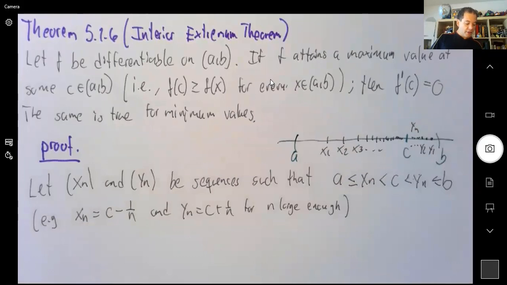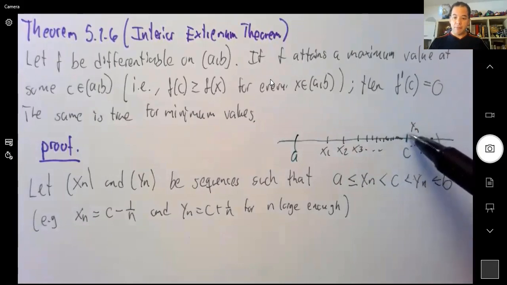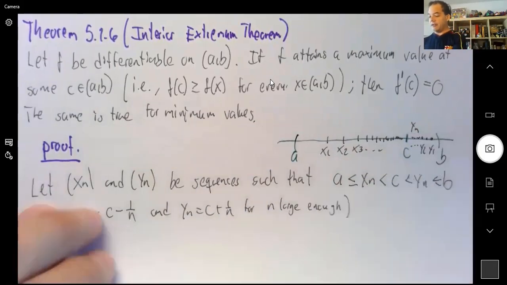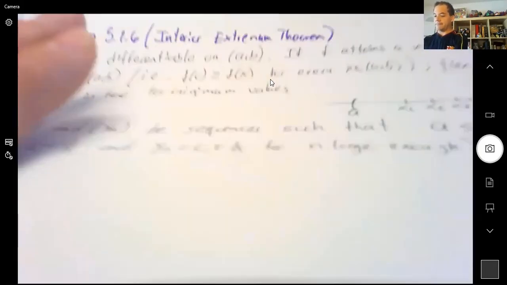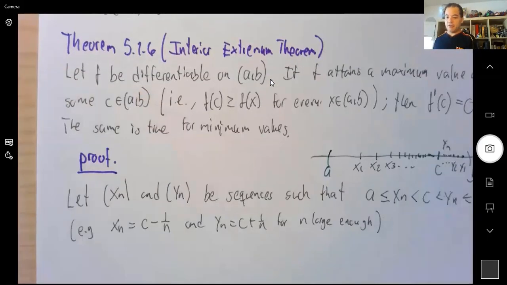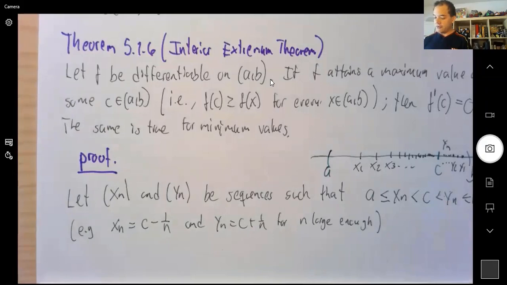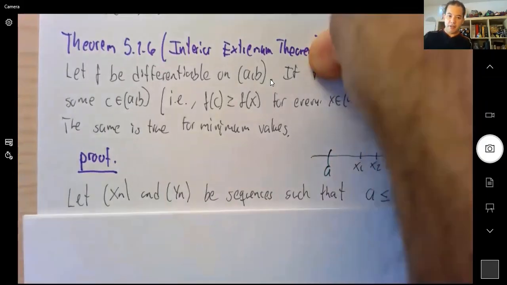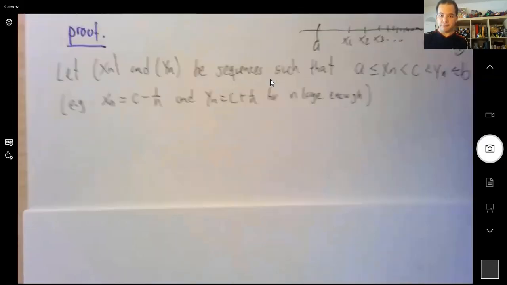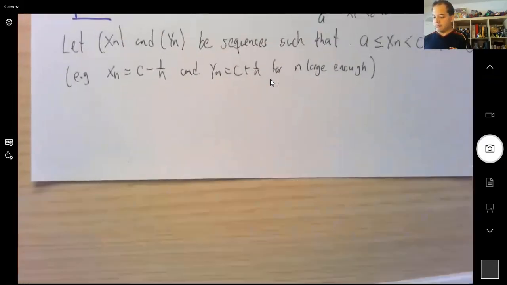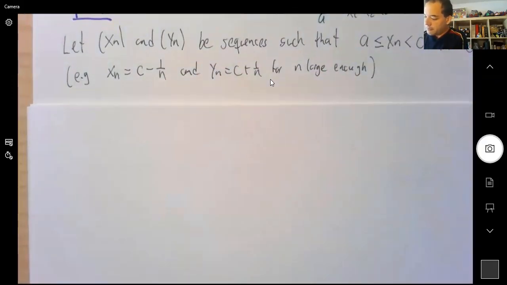All right, and then what's the idea? Well, we have to use the fact that we have a maximum at f(C). So let's enlarge our picture to consider our function. Let me throw it over here. So here's my new picture.